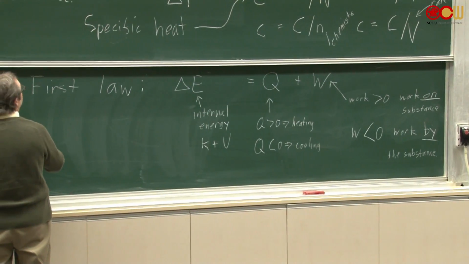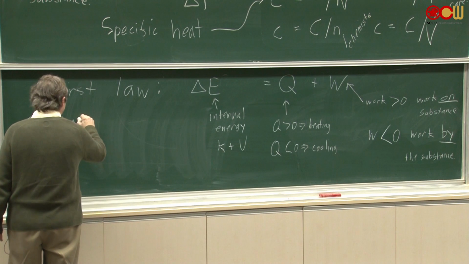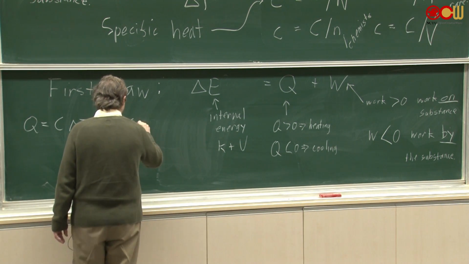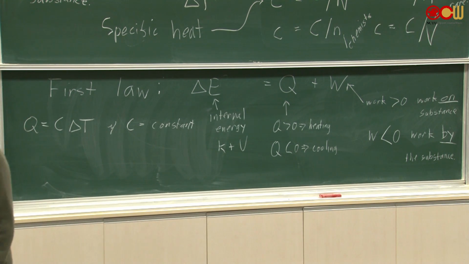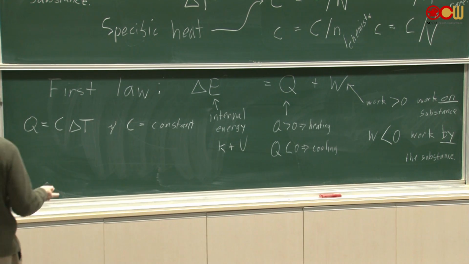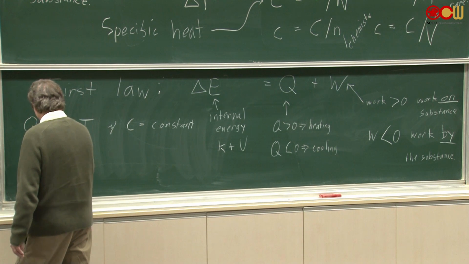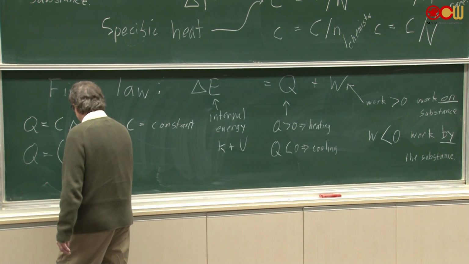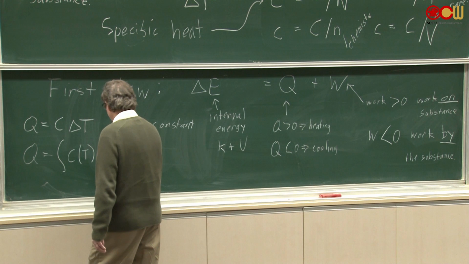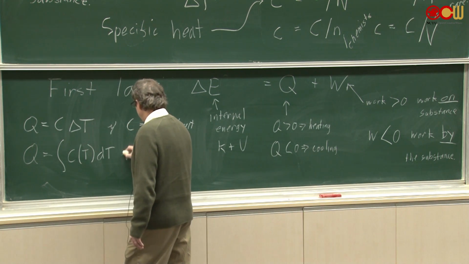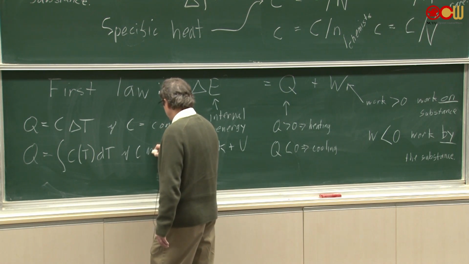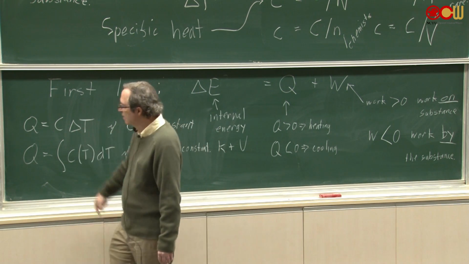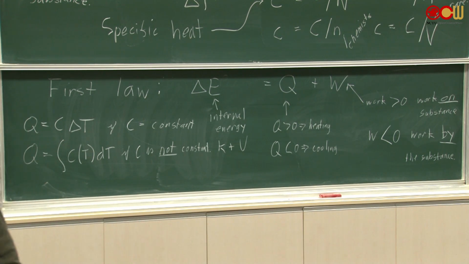All right, so from up there, we know how to compute Q. Q is equal to C delta T if C equals a constant, so it doesn't depend on temperature. If it does depend on temperature, then Q equals the integral of C of T dT. So this is how you would either calculate it or measure it.